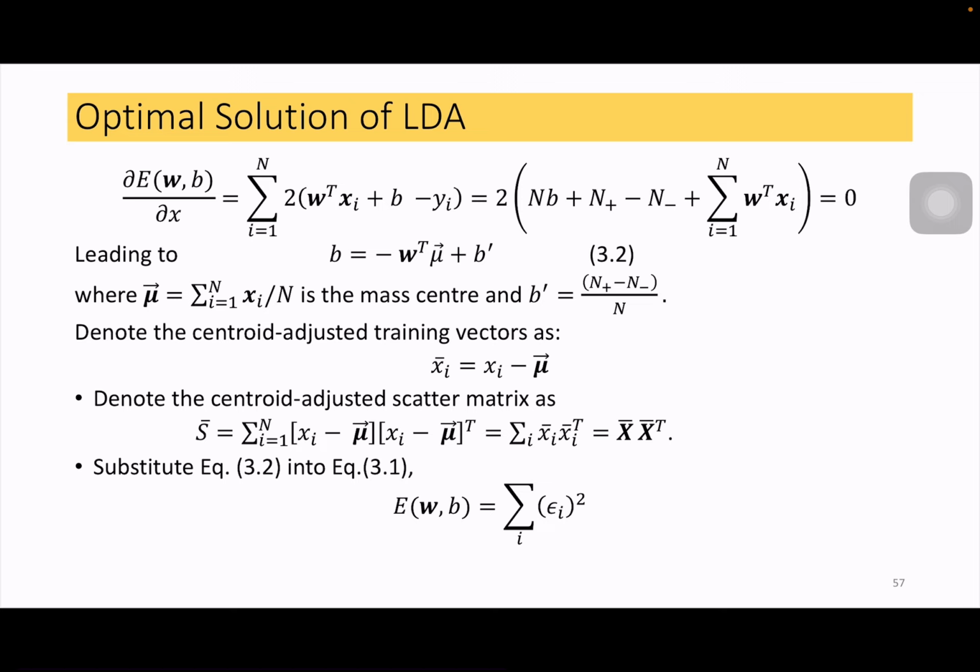It denotes the centroid-adjusted training vectors as x equals xi minus mu, and denotes the centroid scatter matrix as S equals the summation of (xi minus mu)(xi minus mu) transpose.